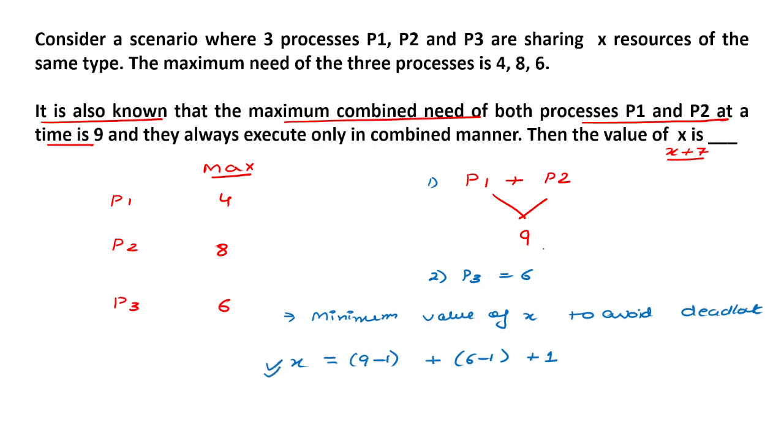Total requirement is 9, and whenever we want to avoid the deadlock, we just have to allocate one resource less than the given value. That's why we say 9 minus 1 and 6 minus 1.